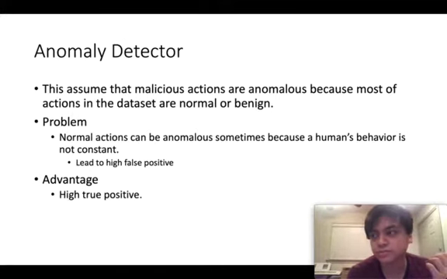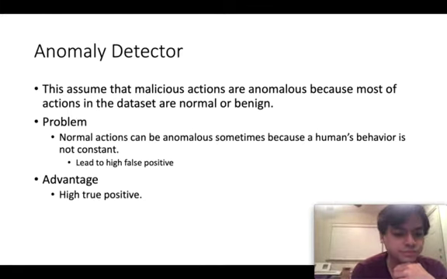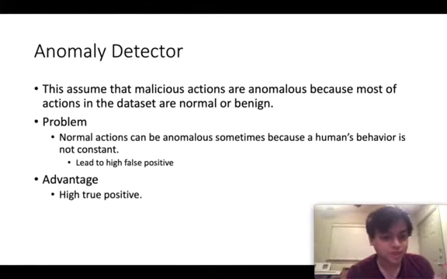It's just an unpredictable behavior of humans. And the advantage of this one is it has a high true positive, because it's gonna keep alert when something weird happens. So of course, when really malicious actions happen, which is weird, it's gonna alert. So it's gonna have a high true positive.